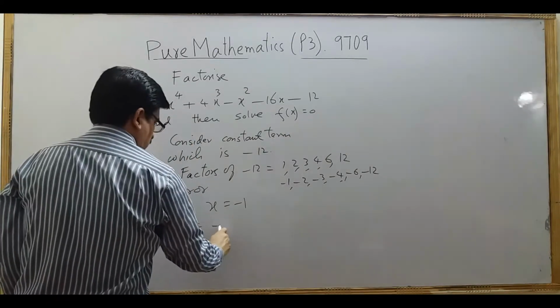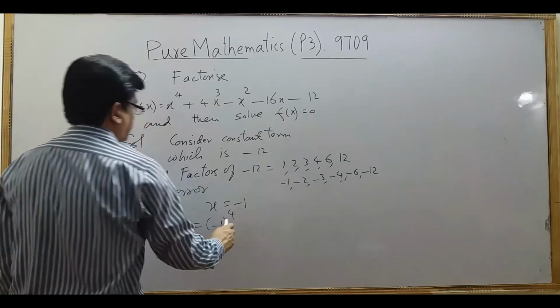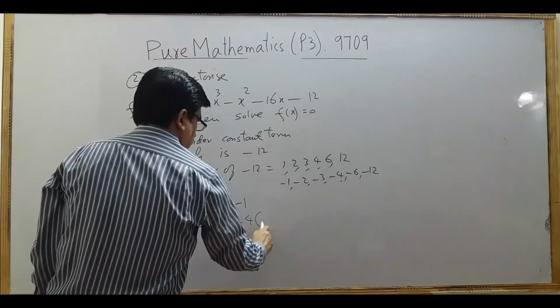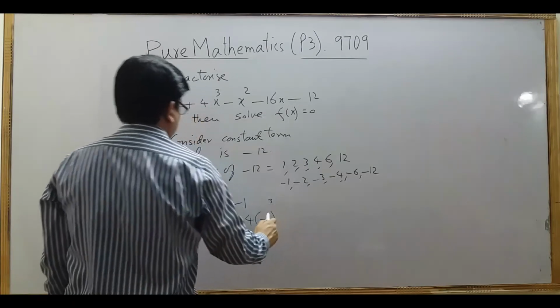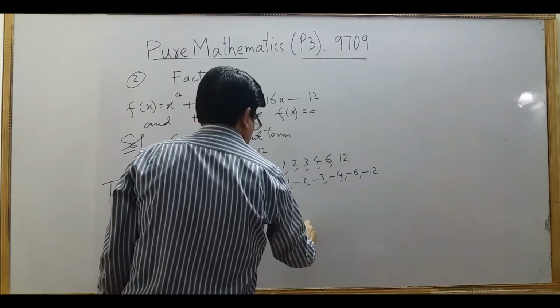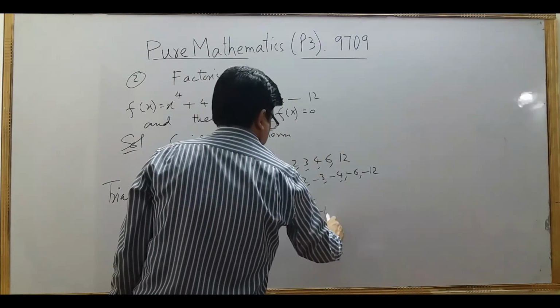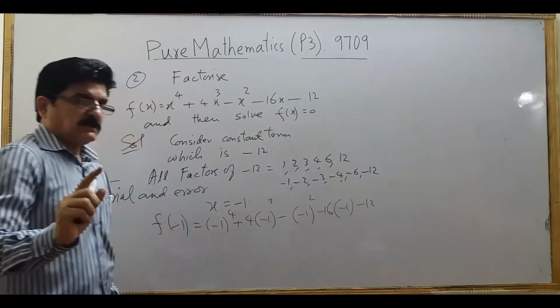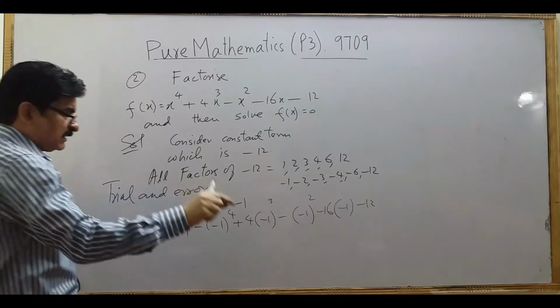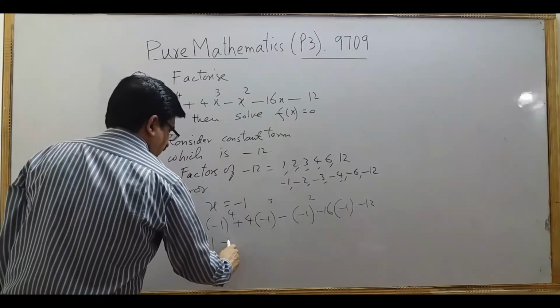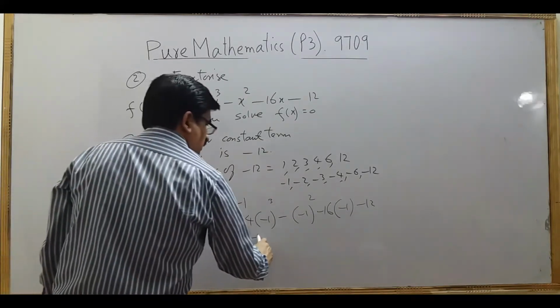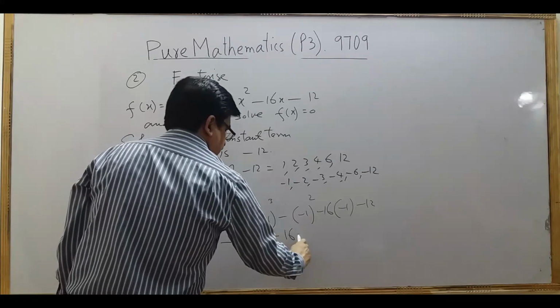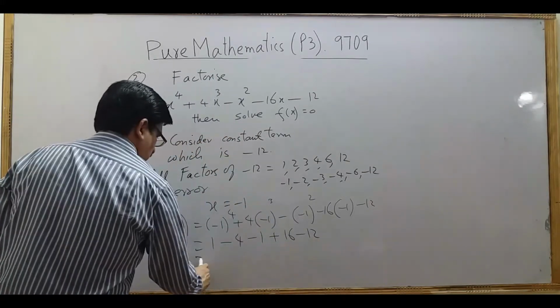It will be (minus 1) raised to the power 4, plus 4 into (minus 1) cube, minus (minus 1) square, minus 16 into minus 1. Remember that you have to show this step in the working. We have 1 minus 4 minus 1 plus 16 minus 12.